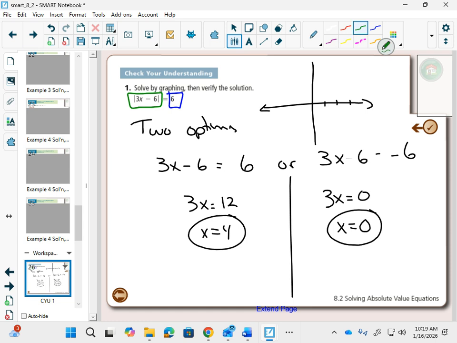That's going to be a very important point. It has a y-intercept at -6, but the absolute value would make that positive 6. And that would be my graph.